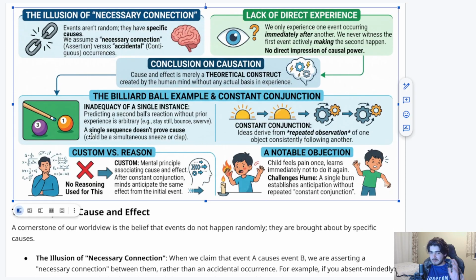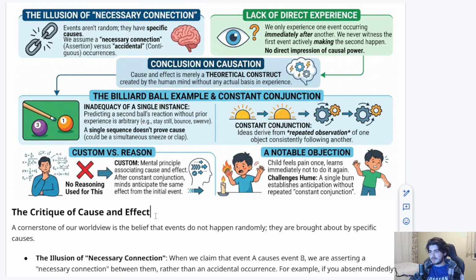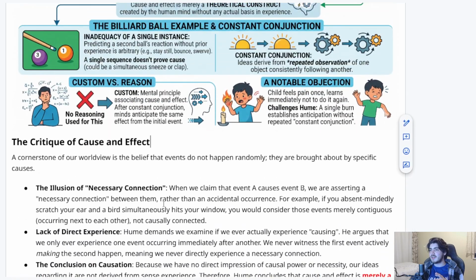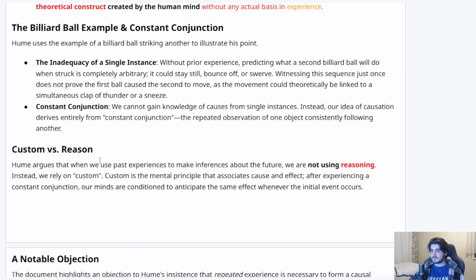Makes sense? Kind of. I mean, it does make sense. If you do not see something happening, then you can only guess what happens after. You cannot know. But when you see it multiple times, then you can have a better guess of what will happen. This is what he calls custom.